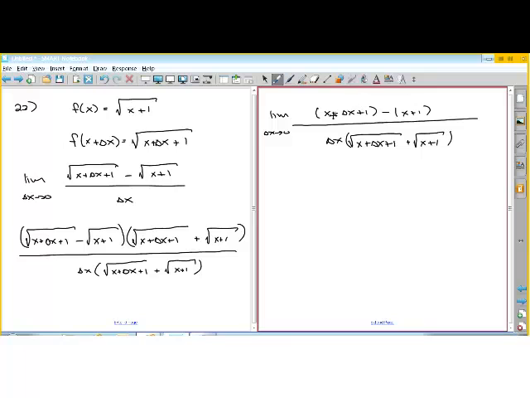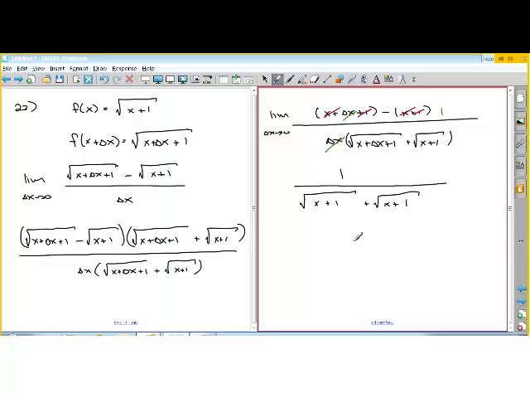So, this cancels out with that, this cancels out with that, so all that we're left with is delta x. So we have delta x, we can cancel out that with that, and that will leave 1 in the numerator. Okay, so when we take the limit as delta x goes to 0, this goes to 0, so we have the square root of x plus 1, so we just write it out. So we have the numerator is 1, and then you have the square root of x plus, pardon me, not x plus delta x, it's x plus 1, and then the second term is the same.